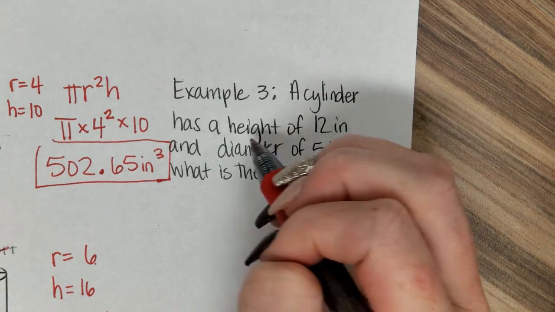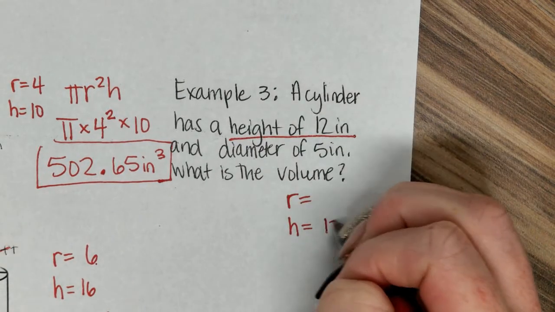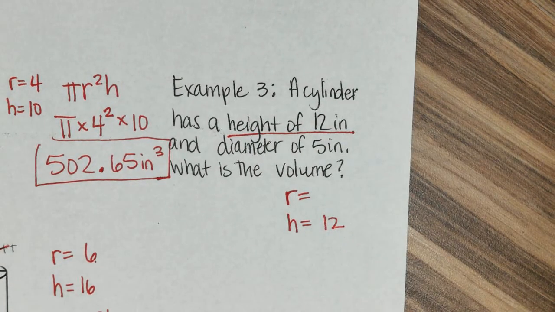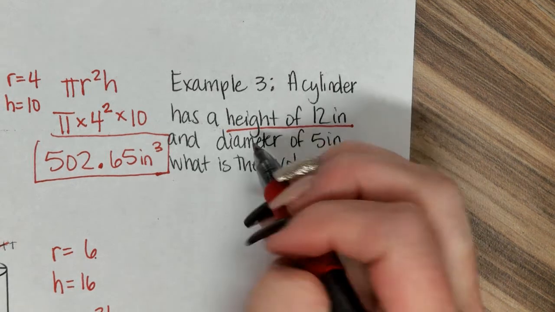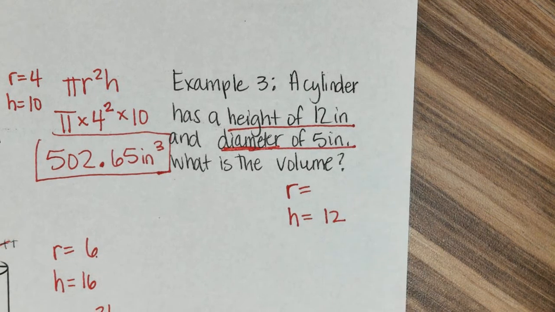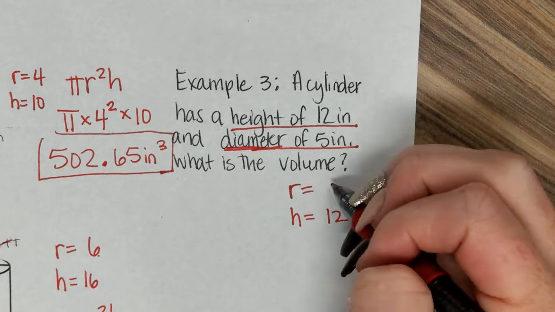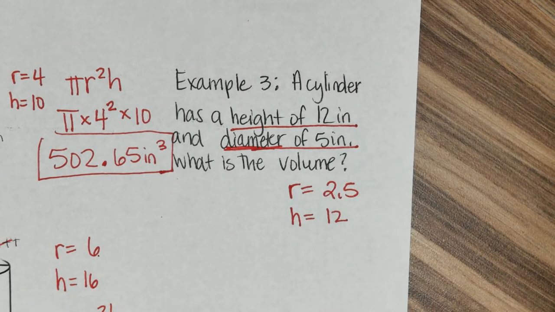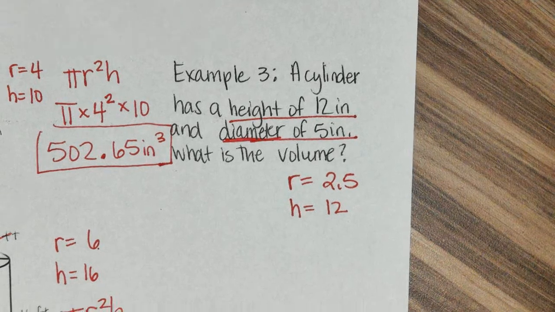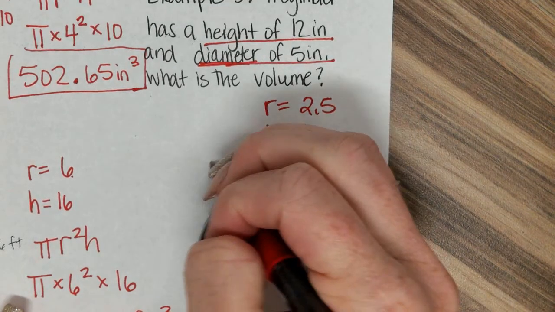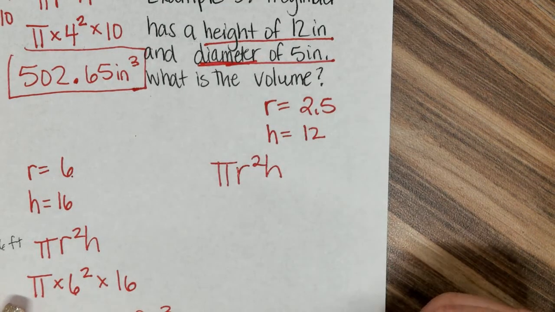They clearly said the height is what? So that was easy, yes? But then did they give you the radius? What did they give you? And anytime you have a diameter, you have to divide by 2. And 5 divided by 2 is 2.5. All right, so I used my formula, pi r squared h.